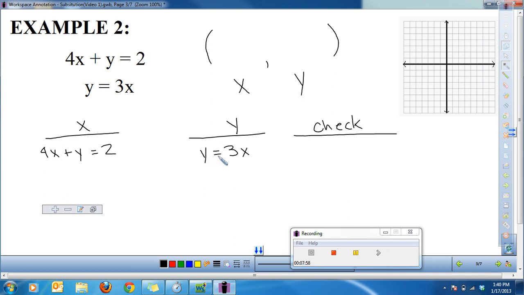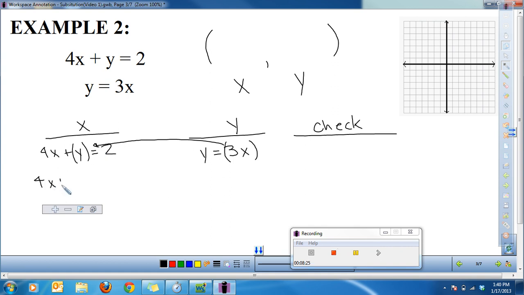Since I know that y equals 3x, I can substitute 3x in for this y. I'm going to put parentheses around this, and I'm going to put parentheses here because I'm going to use that to substitute, and I'm going to put 3x in for y.